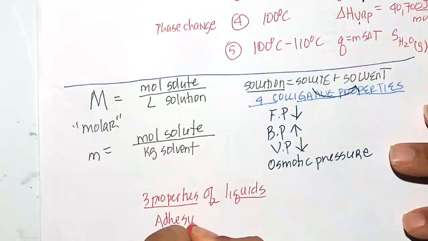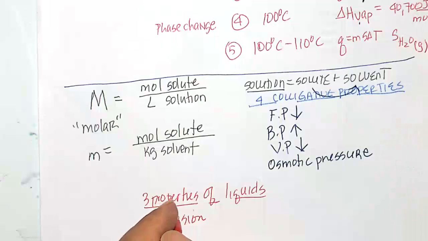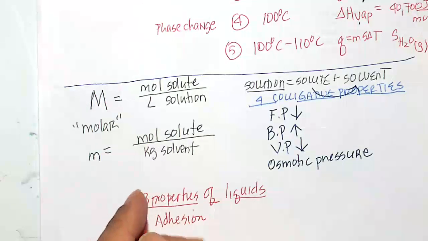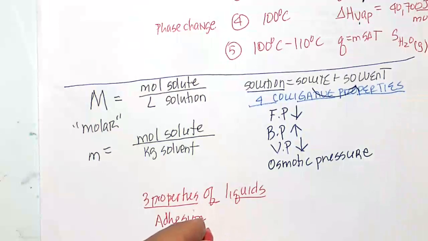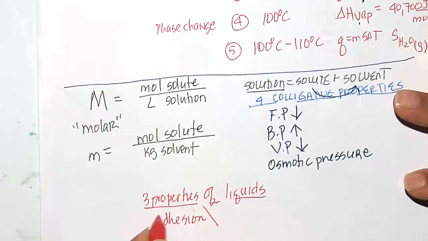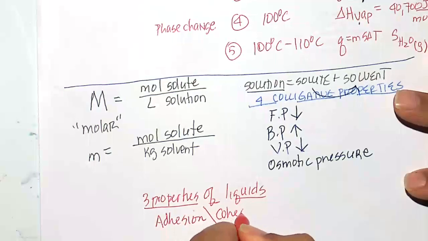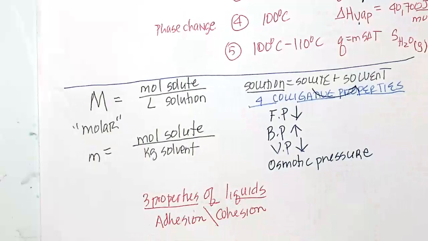Okay, adhesion. Okay, so the molecule will stick to the glass. Cohesion. Okay, we can put this as the second property or bunch it in with the first one, cohesion. This is molecules sort of coming together, forming a meniscus.